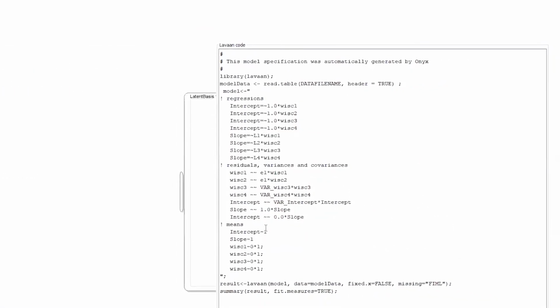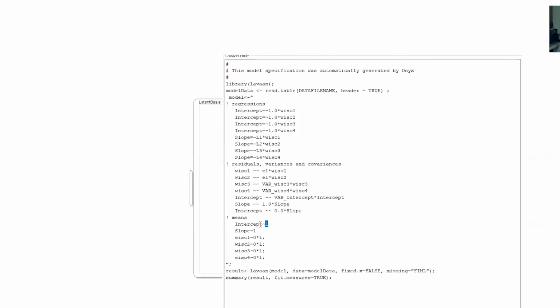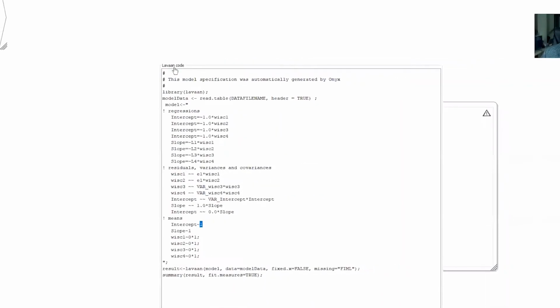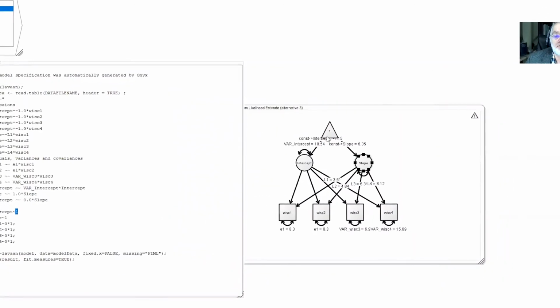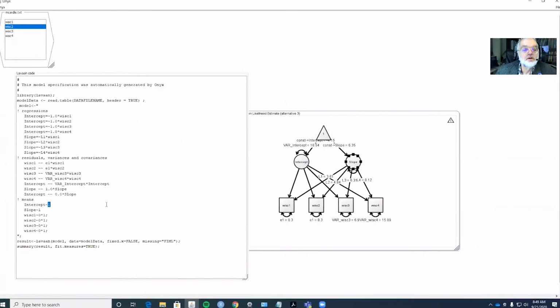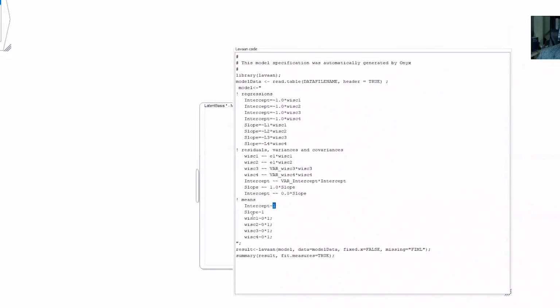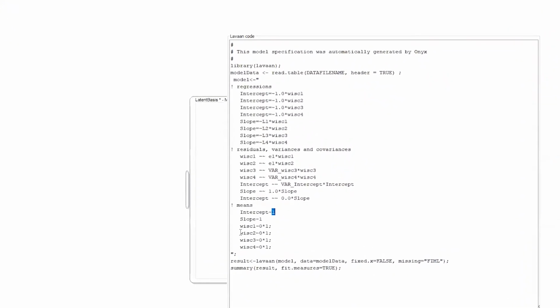Now we're down here at the means, and the means are denoted by the number 1. So intercept tilde 1 tells me that I'm estimating a free value for the mean of the intercept variable. Slope tilde 1 is the mean of the slope factor.